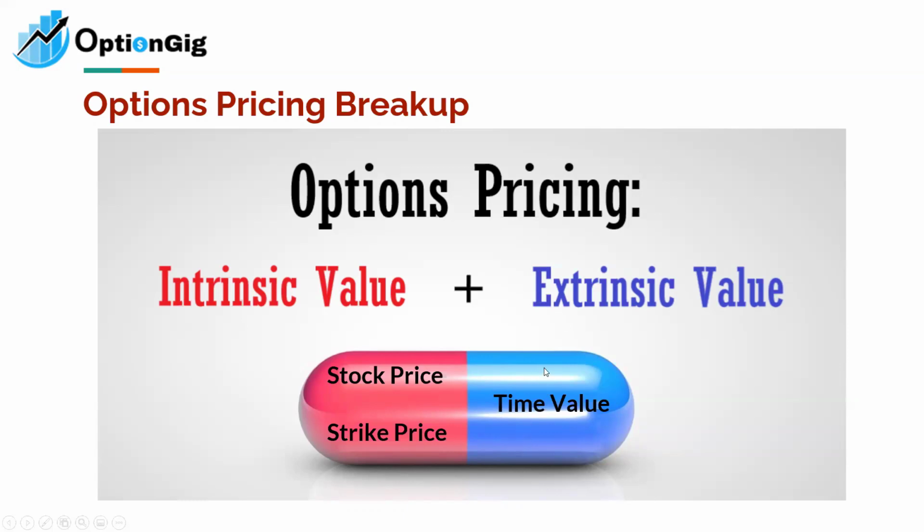You'll hear these terms in literature, when talking to someone, or in YouTube videos: intrinsic and extrinsic premium, intrinsic value, extrinsic value, time value. Time value is what is called extrinsic value. So every option price has these two components. It is possible that in some cases, one of the component values is equal to 0. But this is generally how we break the option price into two bigger components.